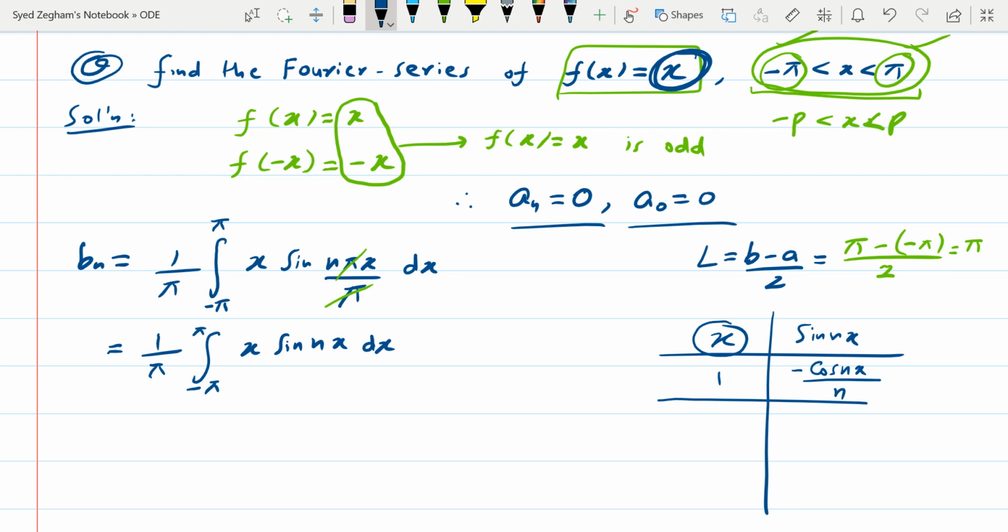Okay, then derivative of 1 will become 0, and integration of minus cos nx divided by n will give us minus sine nx divided by n, and one more n is already present, so it will become n square, right?